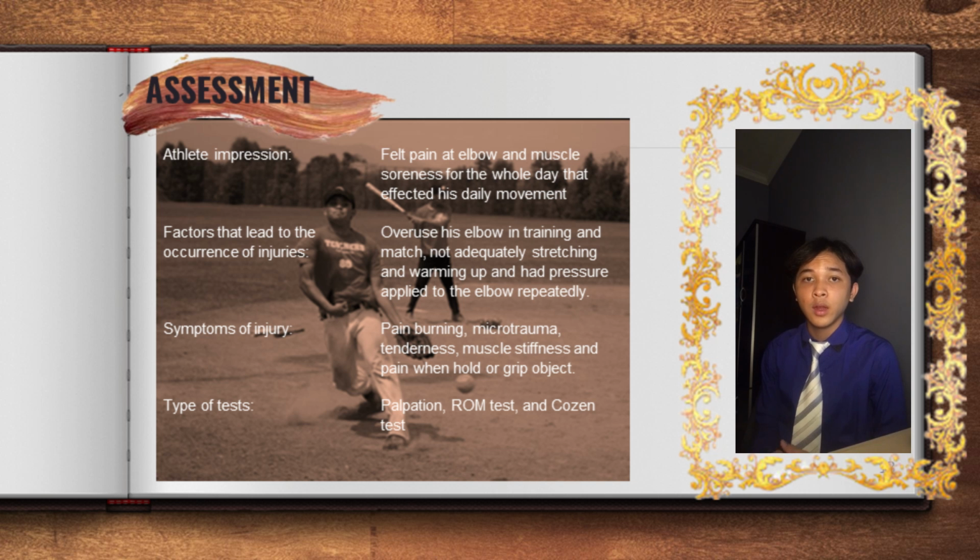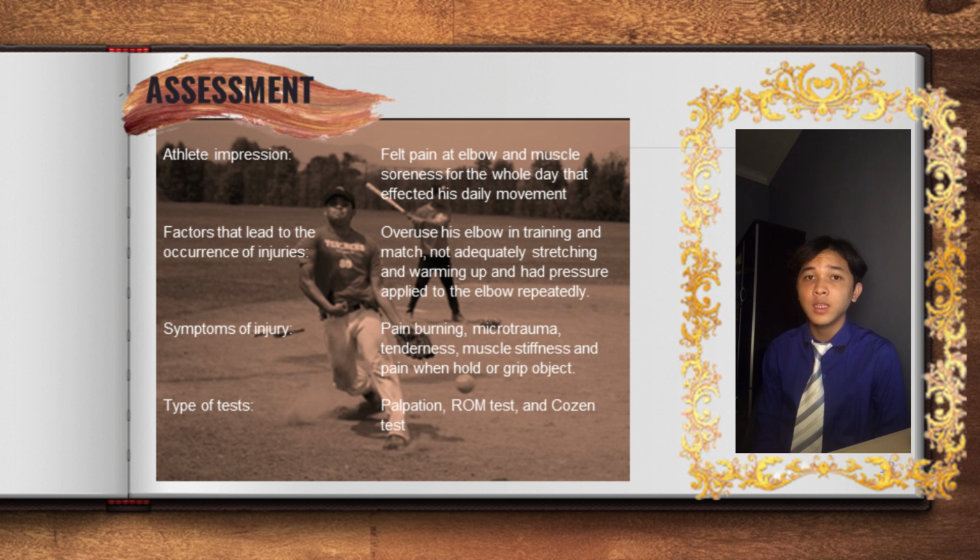Next is the range of motion test, to assess the range of motion of the elbow in a variety of functional movement patterns. The result shows that the range of motion of his elbow had decreased after the elbow was flexed and extended. The last test is the Cozen test, used to determine if the patient suffers from tennis elbow or not.